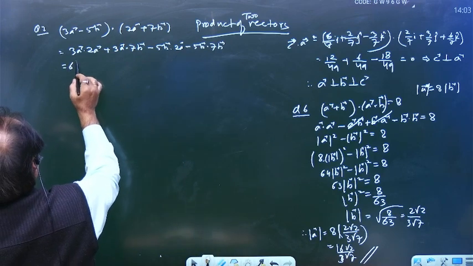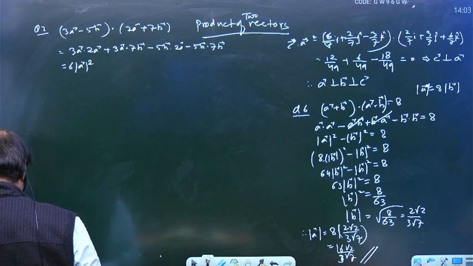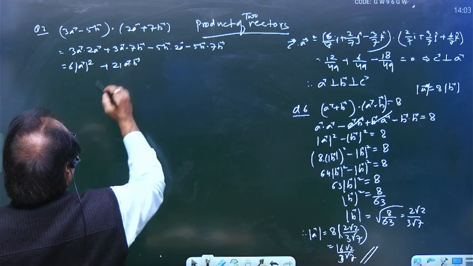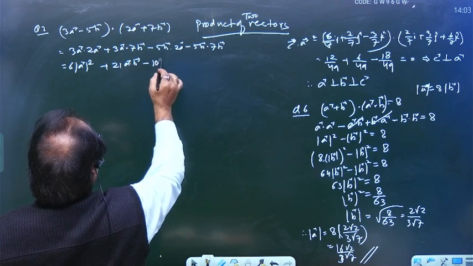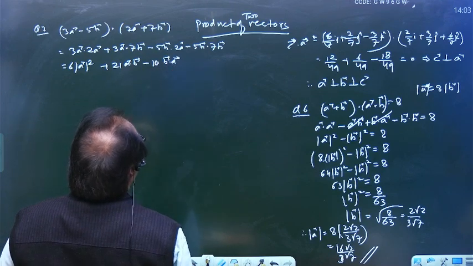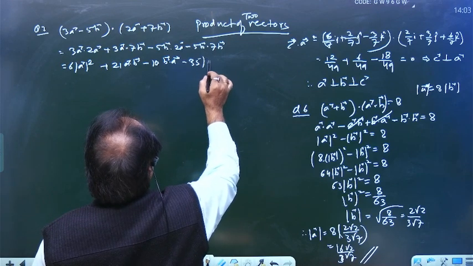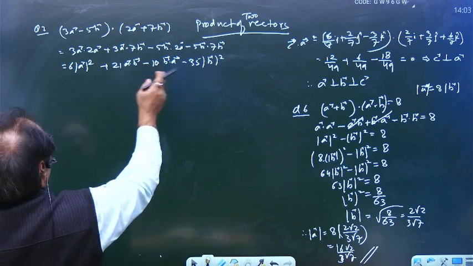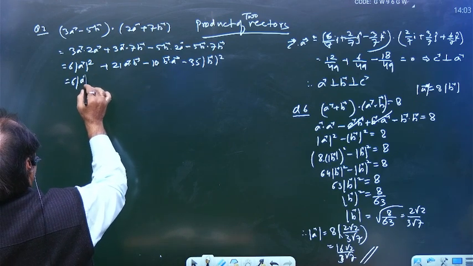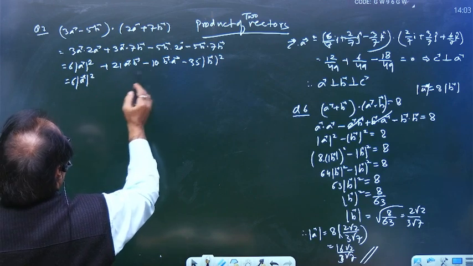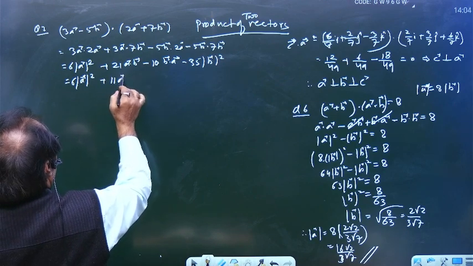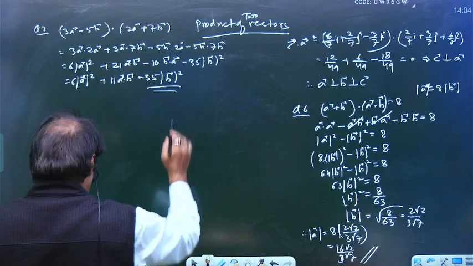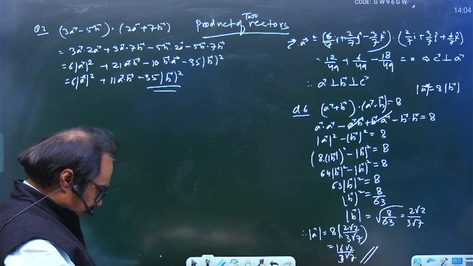So this is 6 magnitude of a square, and this is 21 a dot b, and this is minus 10 b dot a, and minus 35 magnitude of b square. As we know that a dot b is the same as b dot a, the final answer is 6 times magnitude of a square plus 11 a dot b minus 35 magnitude of b square, and this is the final answer of this question.